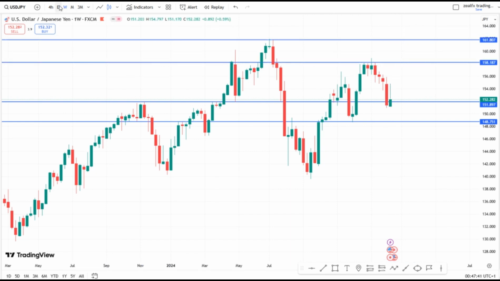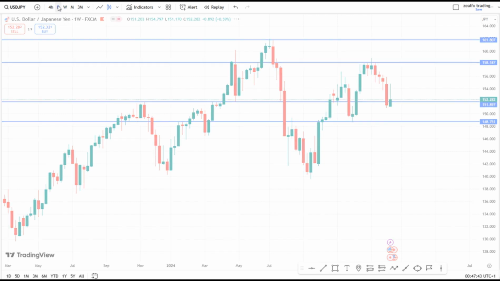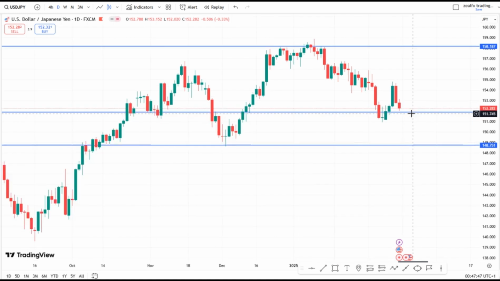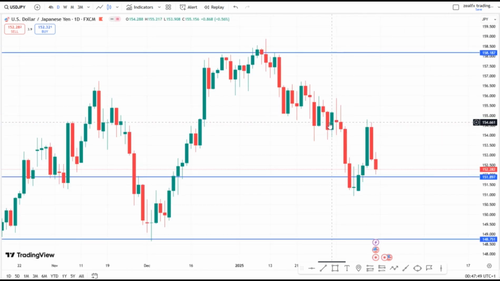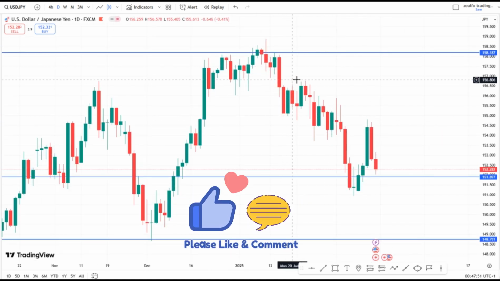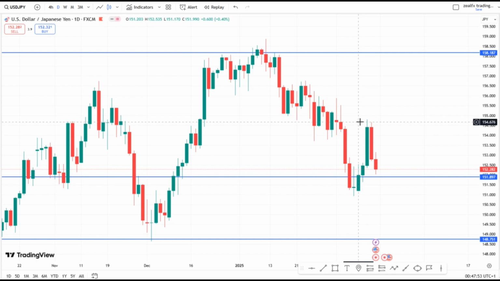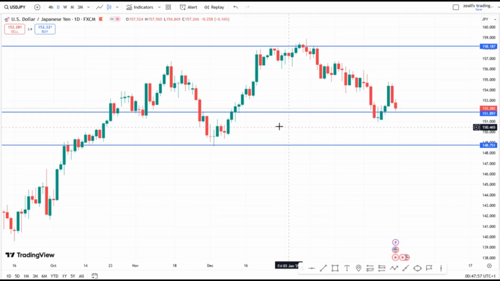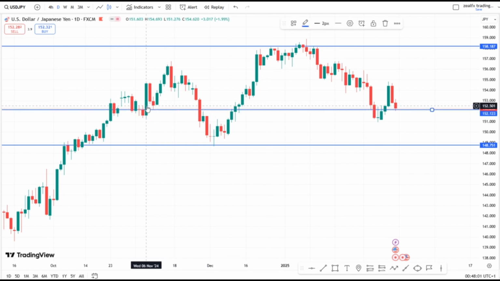So let's look at the daily chart of the USD-JPY. On the daily chart, we have a series of lower highs. So long as we have this series of lower highs on the daily chart, price will remain in a downtrend. But what we have on the daily chart now is price at this level, which is a very key level.